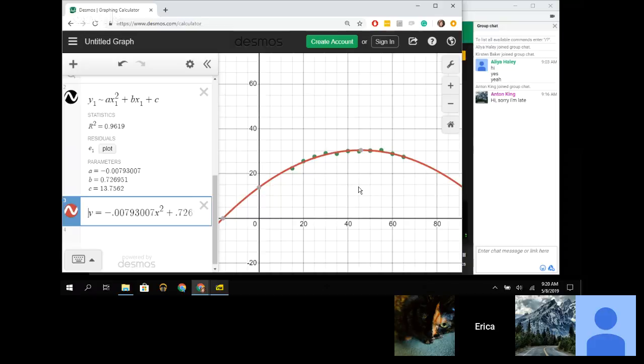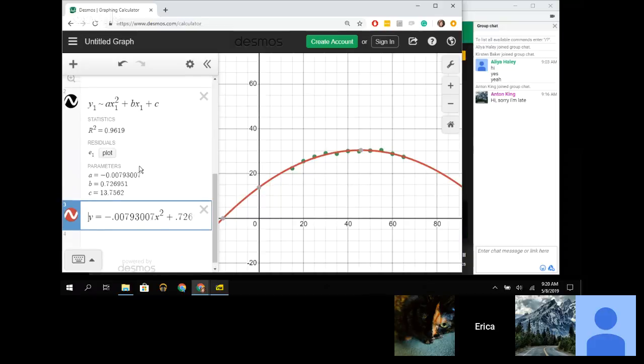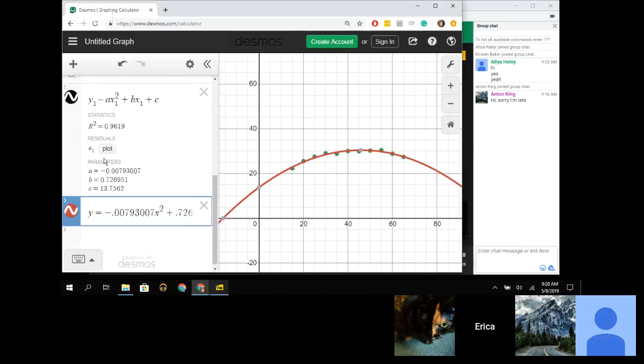Does that sort of make sense what I just did? I took my data, I asked Desmos to make a model for my data, and I picked quadratic because it looks like a quadratic, and so then I was able to come up with an equation to model my data.